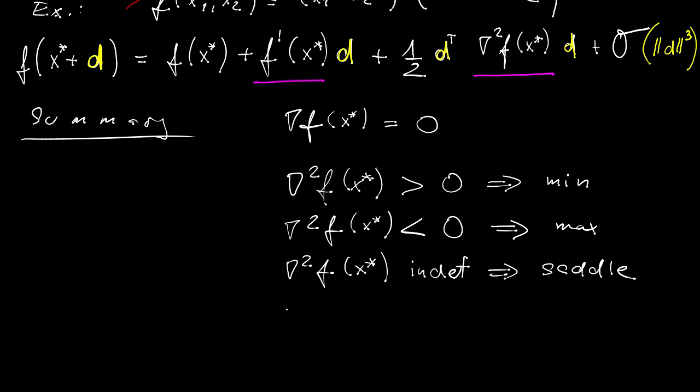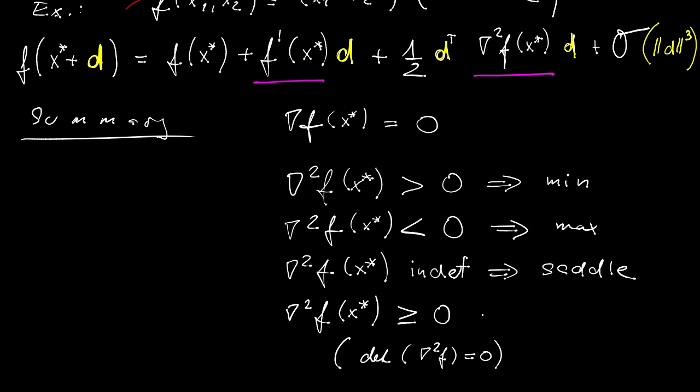And if this matrix is singular, that means some of its eigenvalues are positive, but some are 0. Clearly this means that the determinant of the Hessian is equal to 0.